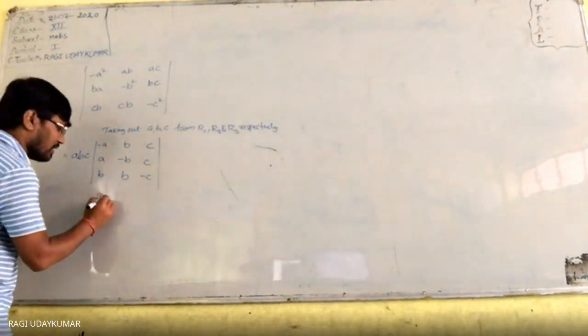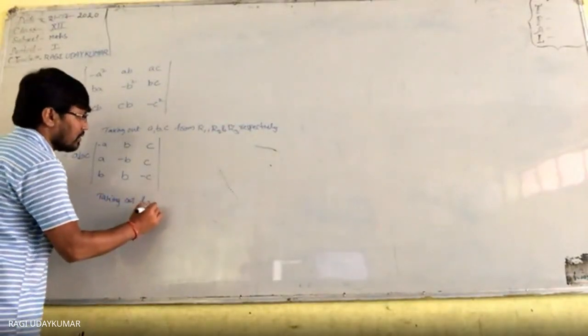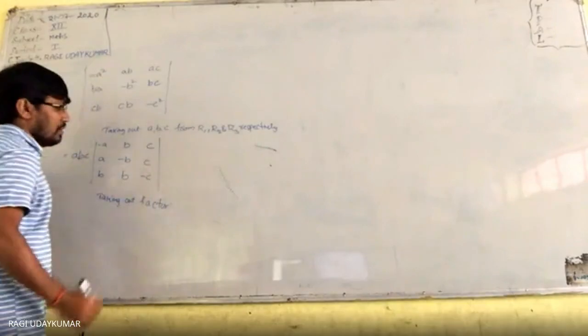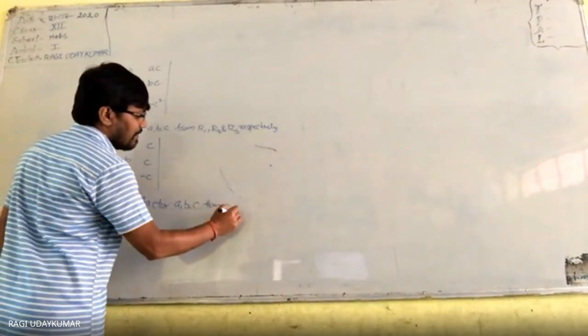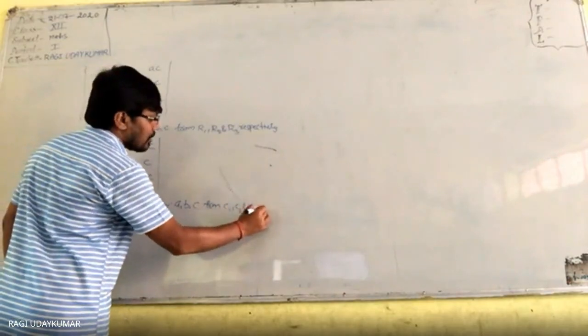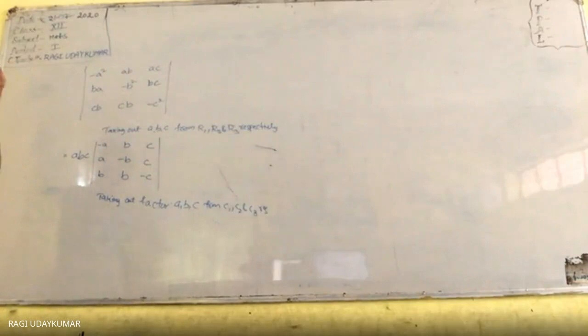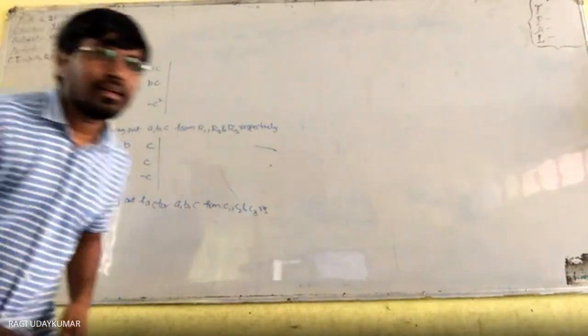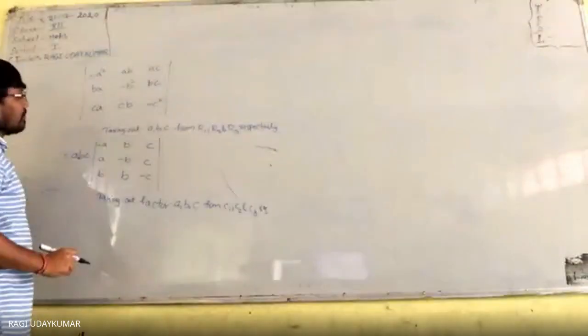Again taking out the factors a, b, c from C1, C2 and C3 respectively. Sorry, the question had a mistake there.